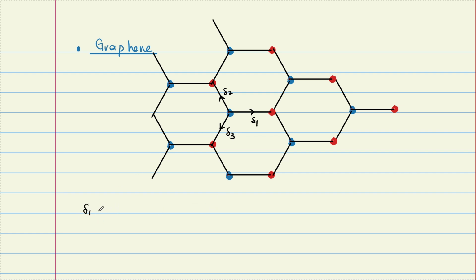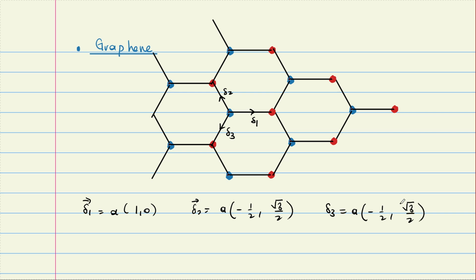Delta 1 is going to be a times (1, 0). This is the nearest neighbor distance. I will call it a. It is not actually the lattice constant, but let me call it the nearest neighbor distance. Delta 2 is going to be equal to a times (minus a half, root 3 over 2), and delta 3 is going to be exactly the same thing, but with one more minus.